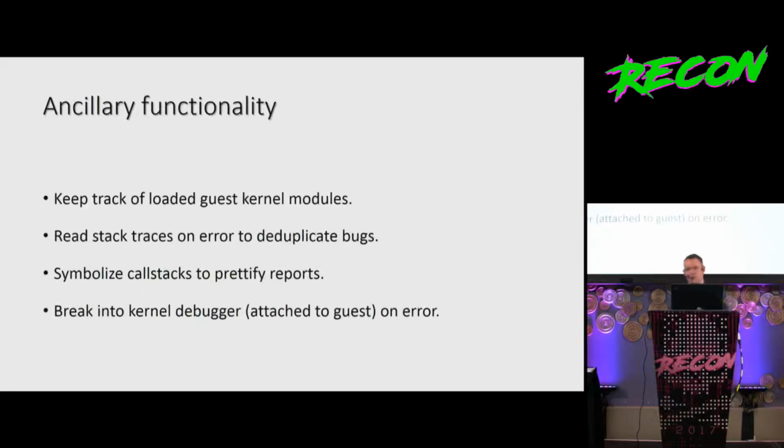This is the core functionality, but we also want it to be quite convenient for us. So we also wanted to keep track of all of the kernel modules that are loaded in the operating system, to be able to symbolize the stack traces. We want to be able to read the stack traces in the first place. As I said, symbolizing call stacks. And what's also nice is that we want to break into the kernel debugger once a memory disclosure is actually taking place.